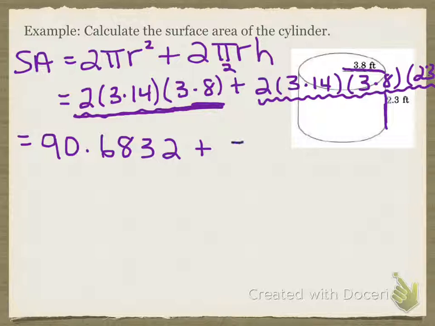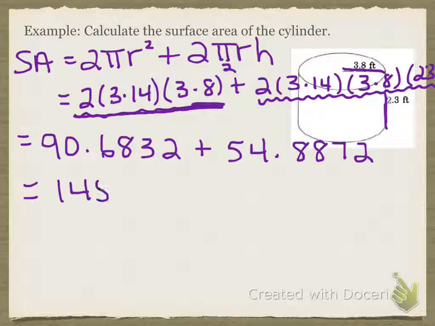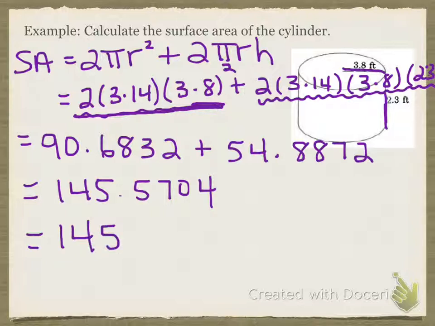And I would get an answer of 54.8872. Well, if I add those two together, I would get 145.5704. And usually we would round that to the nearest tenth, so we would record an answer of 145 6/10, our unit being feet, and because it's an area, we must square it. So your total surface area of the cylinder would be 145 6/10 feet squared.